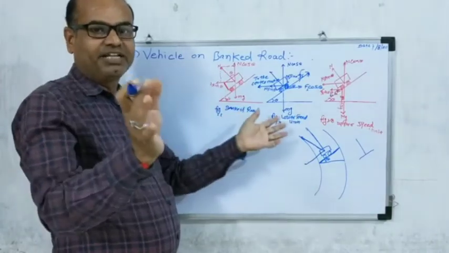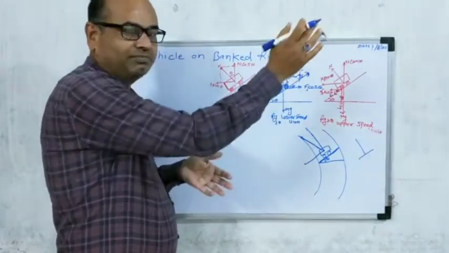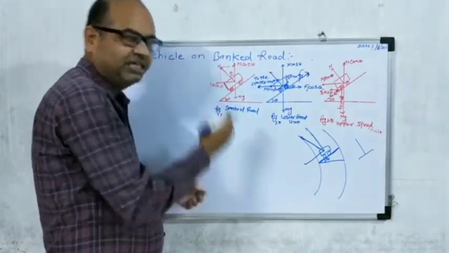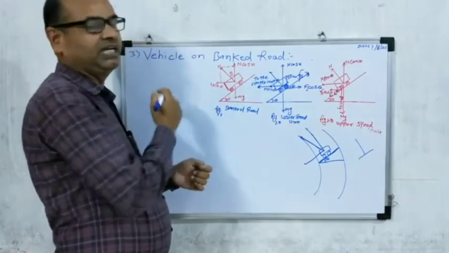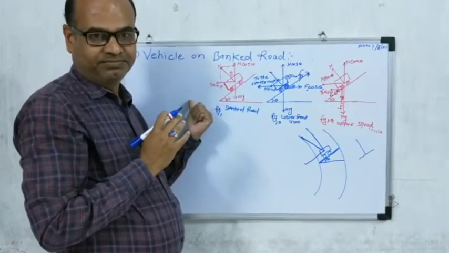The normal reaction is divided into two components: N cos theta, which is vertical, and N sin theta, which is horizontal.